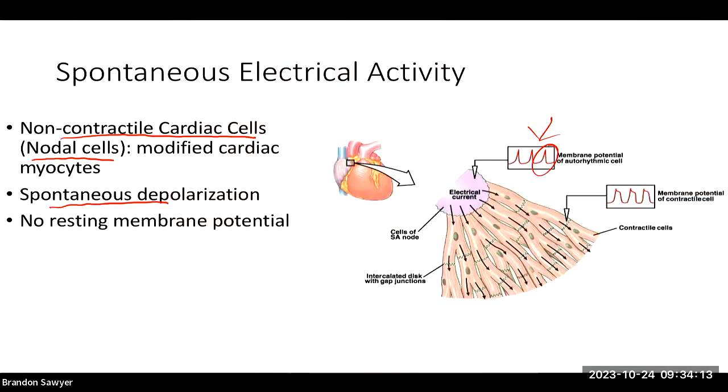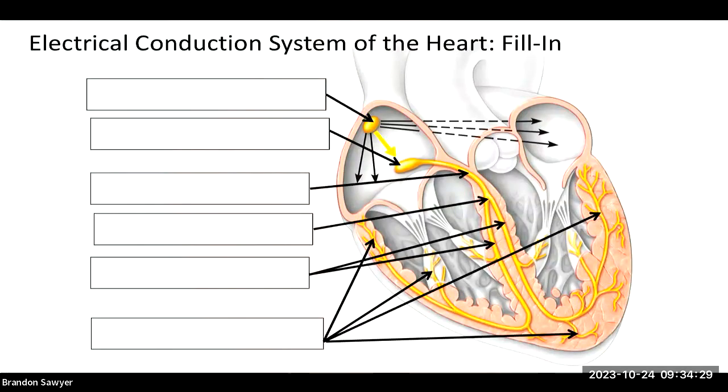We'll spend a little more time dissecting the ion flows related to that. We've already spent time with these action potentials a while back when we talked about muscle. That's what the contractile cell action potentials look like, but we'll spend time with these autorhythmic cells in a minute. Okay, so we've got this setup of the electrical conduction system in the heart.